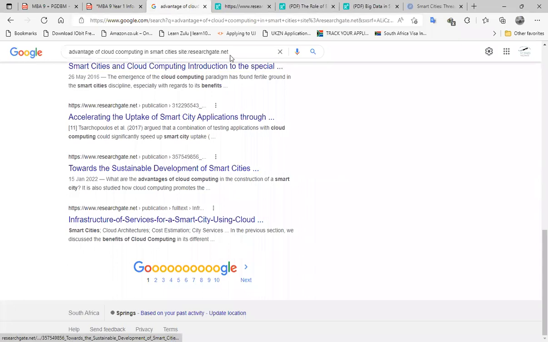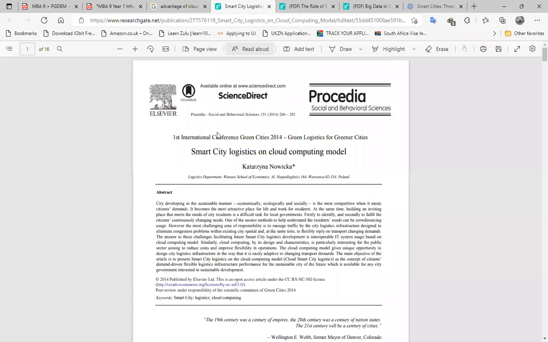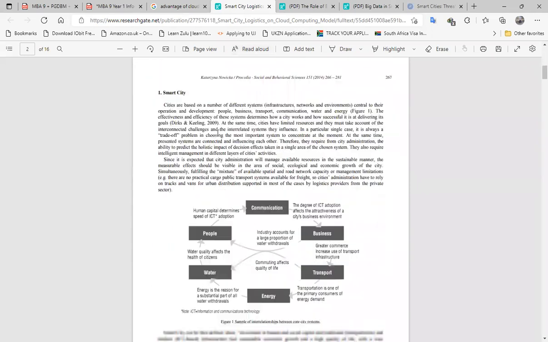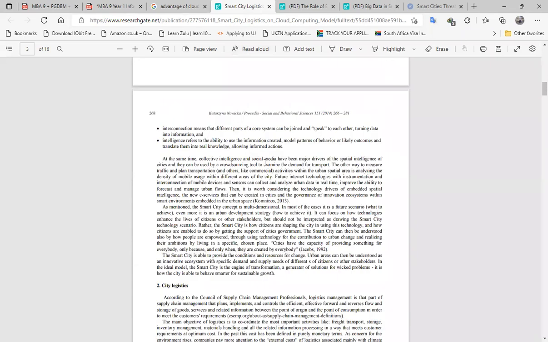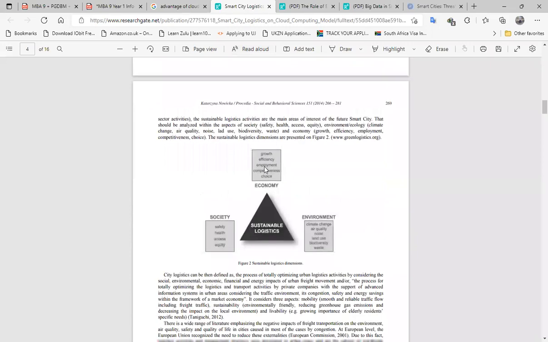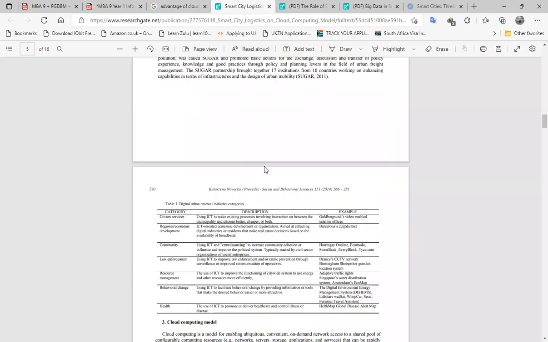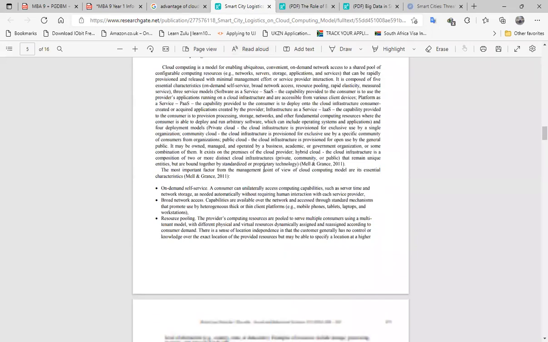When we're talking about scalable, it's when the number of people accessing a certain instance or service increases, cloud computing automatically scales up on its own without people intervening.